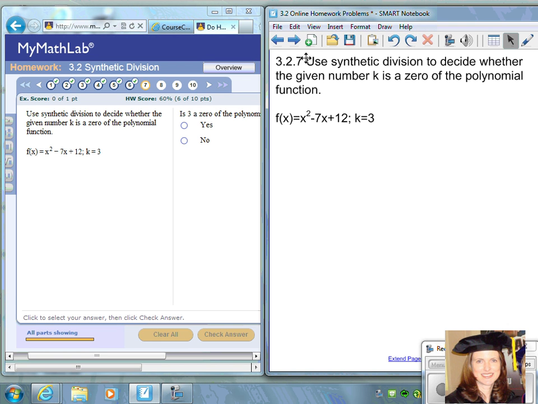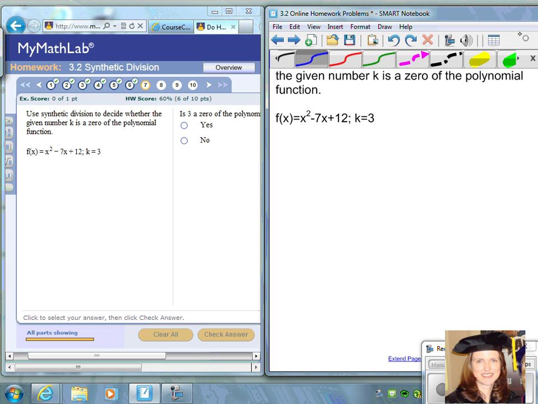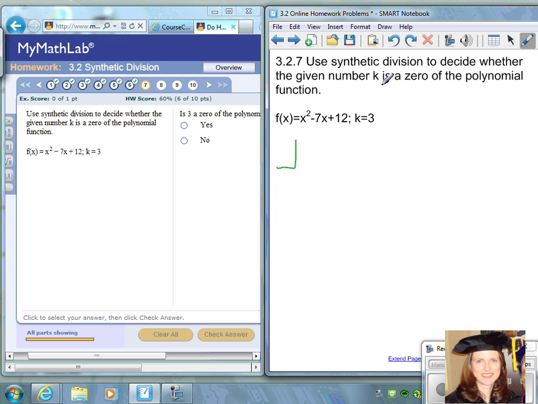The way you do this is you set up synthetic division, and if the given number k is 3, you put a 3 in the box. Then you use the coefficients of the polynomial function, which are 1, negative 7, and a positive 12.